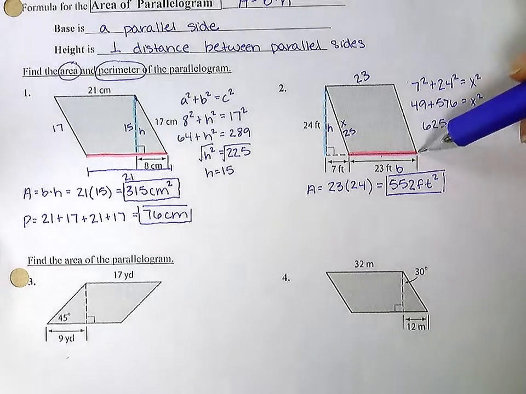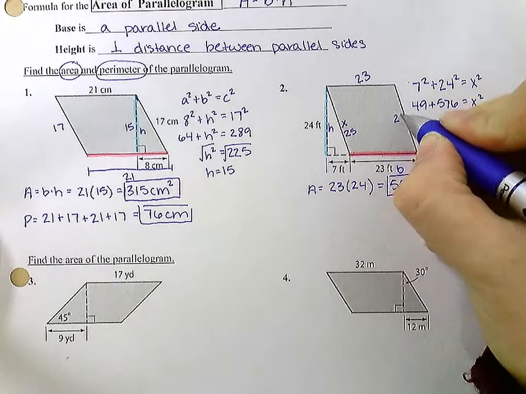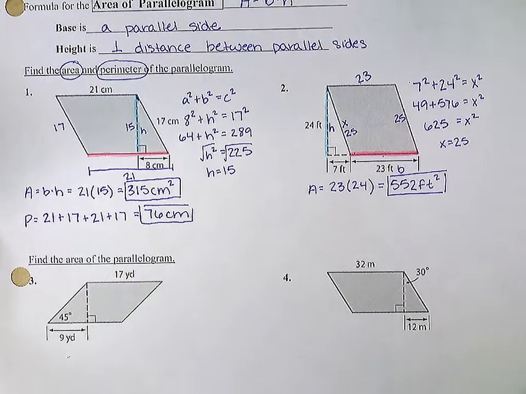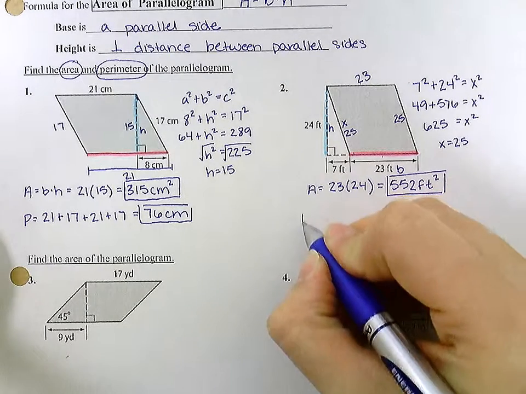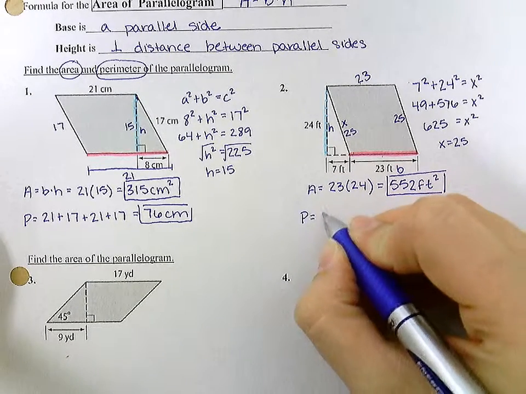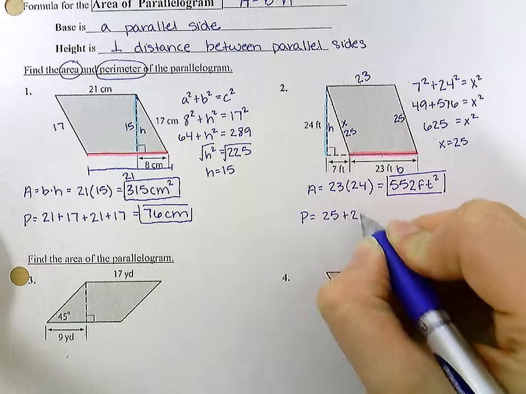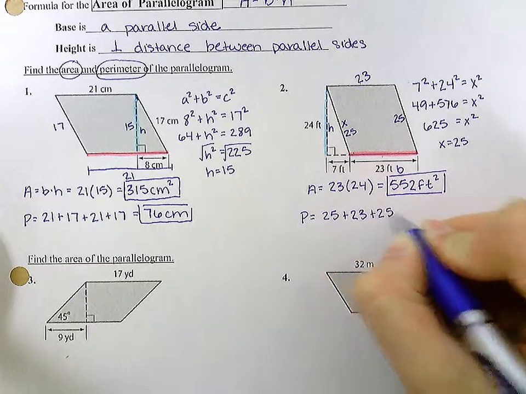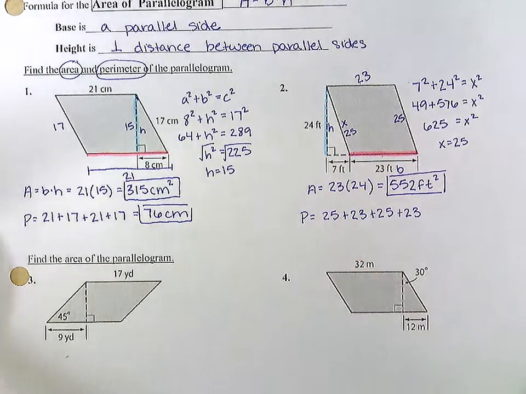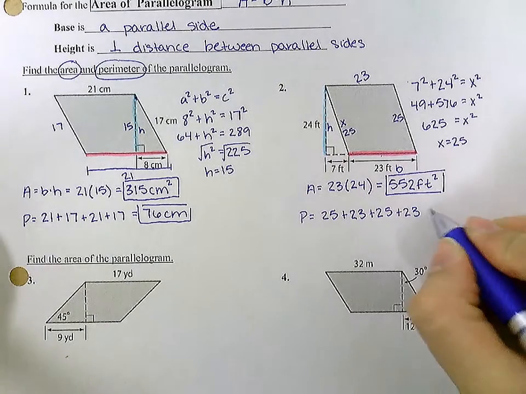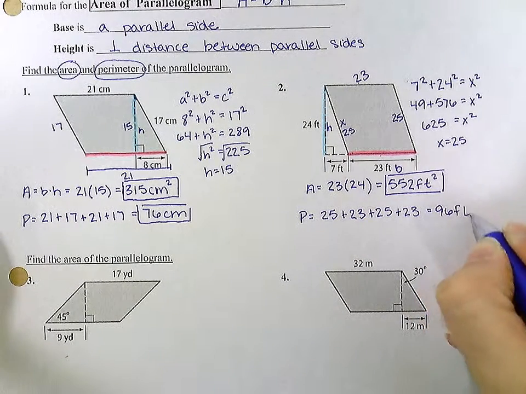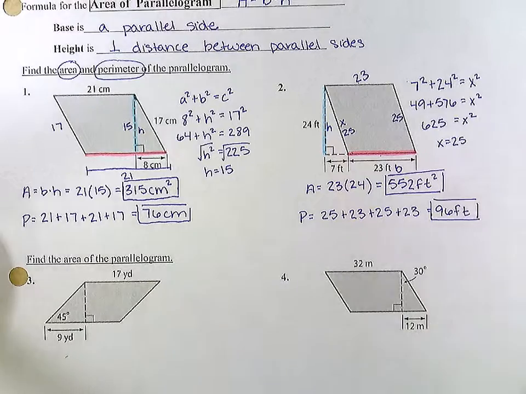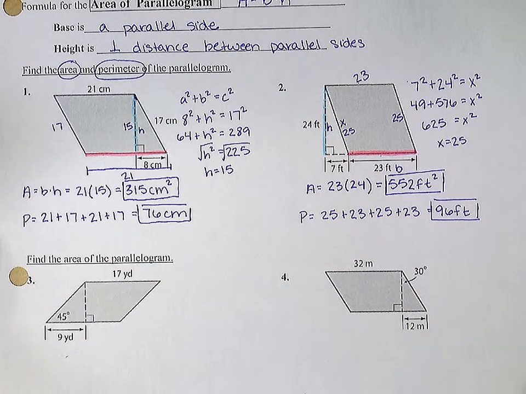That means this length is 25. To find the perimeter, we'll add all 4 sides of this parallelogram. It is 96 feet.